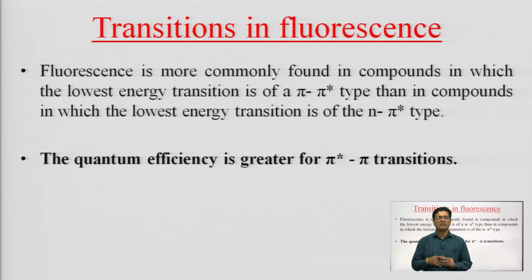Whenever the relaxation or deactivation from pi star to pi is taking place, that can definitely cause fluorescence. Even n to pi star transitions are generally not favored for fluorescence, because they can promote intersystem crossing or triplet state conversions.